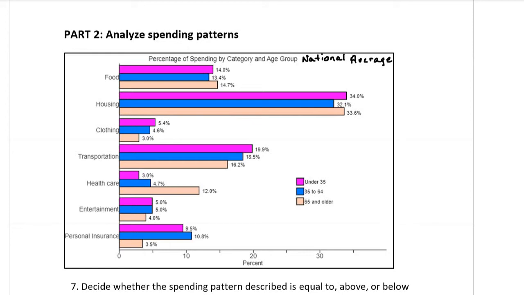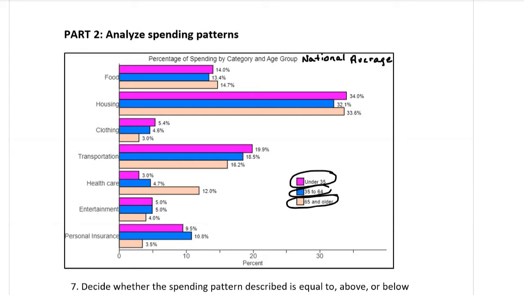Notice that you have three different colored bars. The pink bar is for ages under 35, the green bar is 35 to 64, and the peach colored bar is for the age group 65 and older.